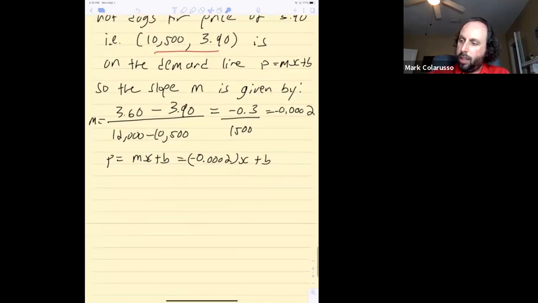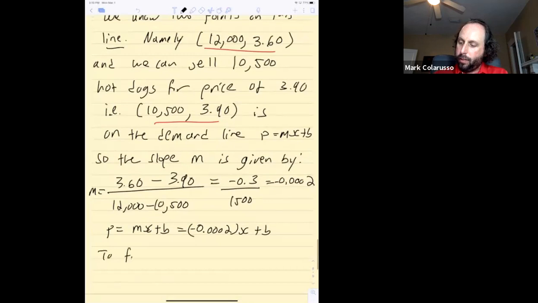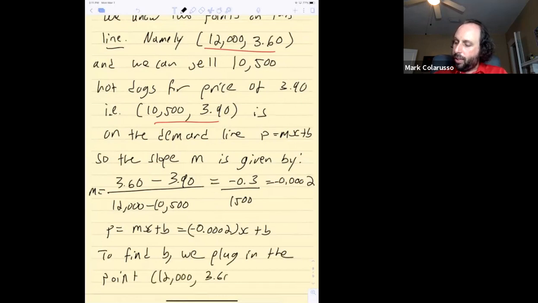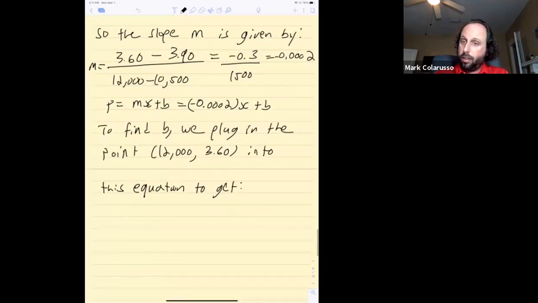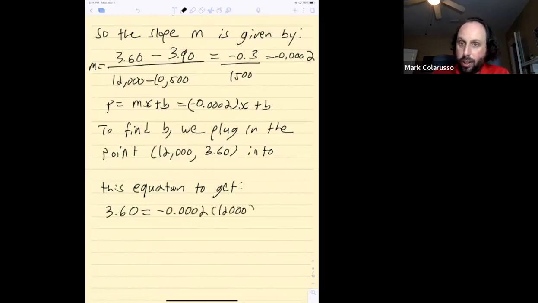To find b, we plug in the point 12,000, 3.60 into this equation to get 3.60 equals minus 0.0002 times 12,000 plus b.